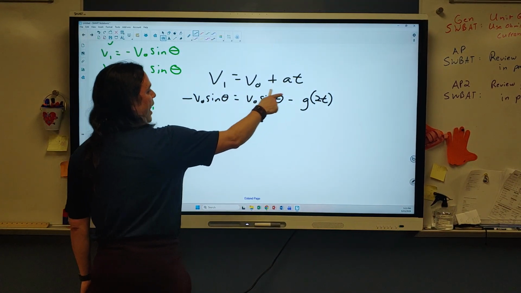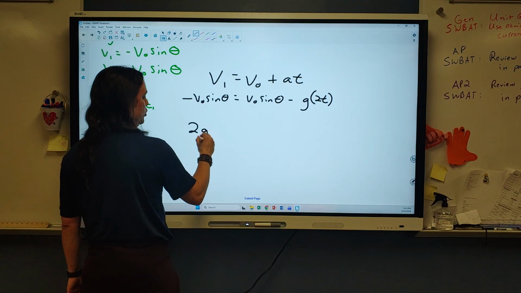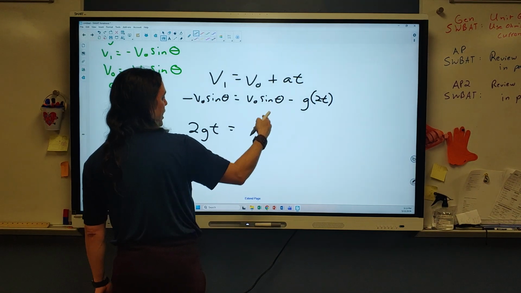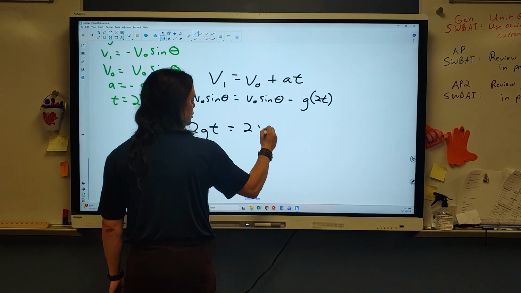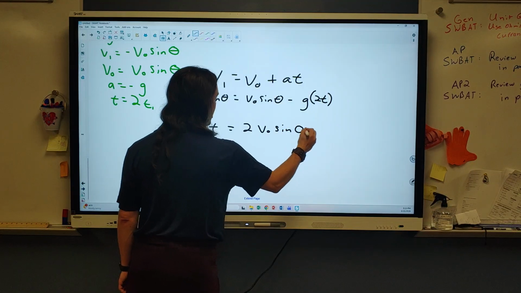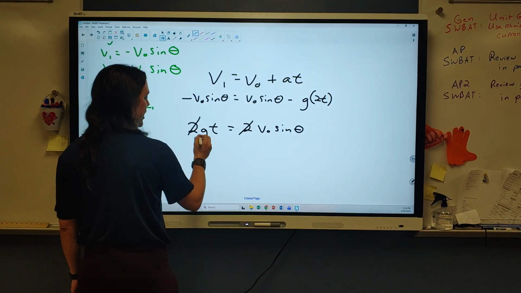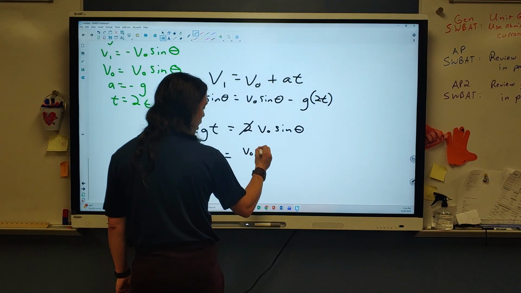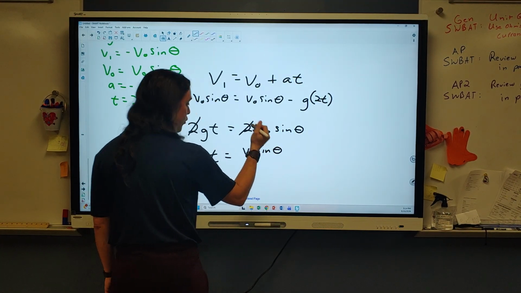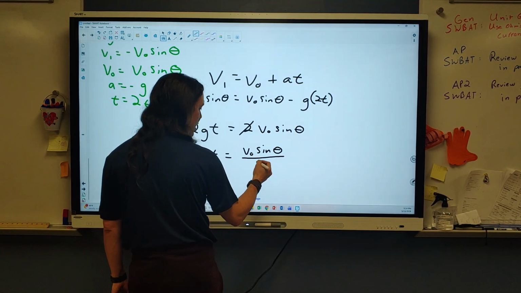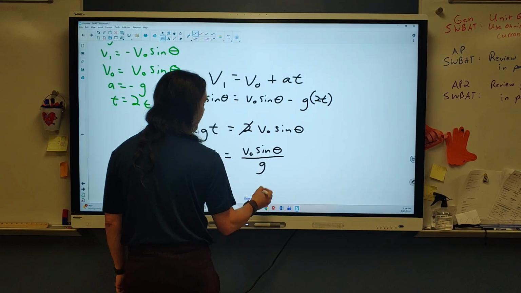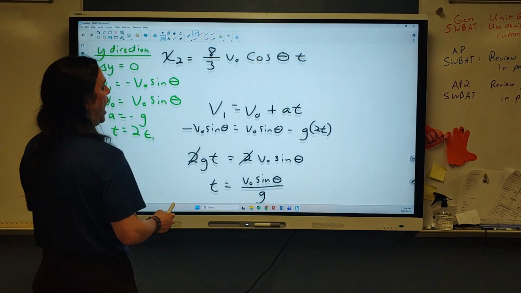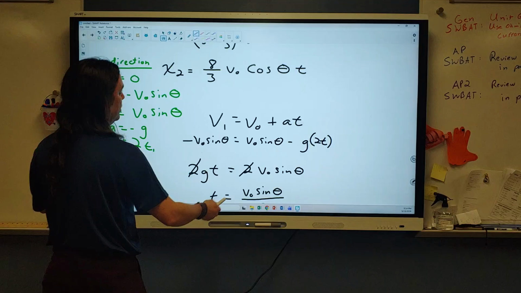I can add 2gt over to the other side and add v0 sine theta. So this gives me 2 v0 sine theta. But the important thing is this, when 2's cancel out, I can divide g from both sides and I get t1. The time that it takes for one of my bits of motion is going to be v0 sine theta divided by g.